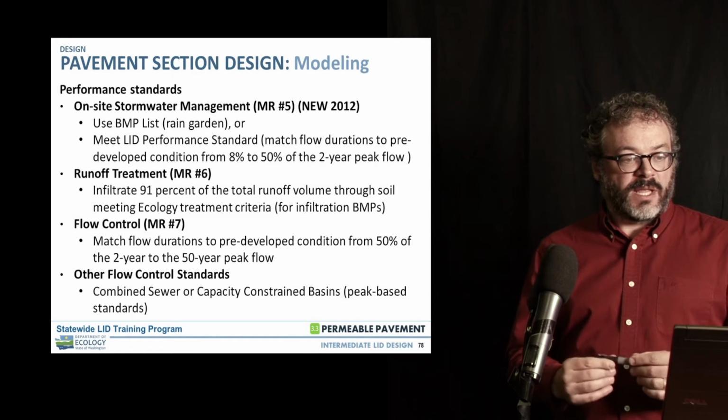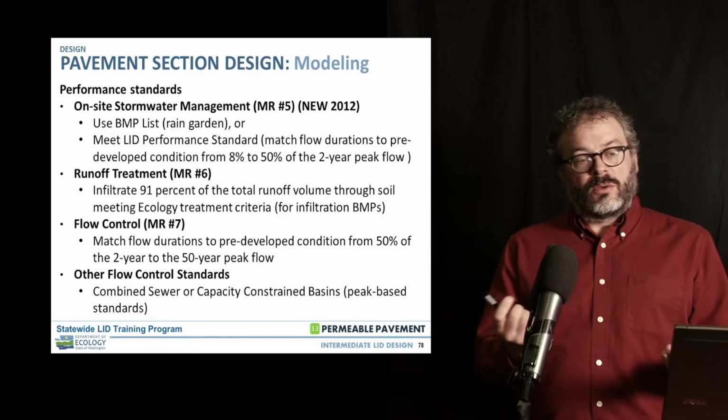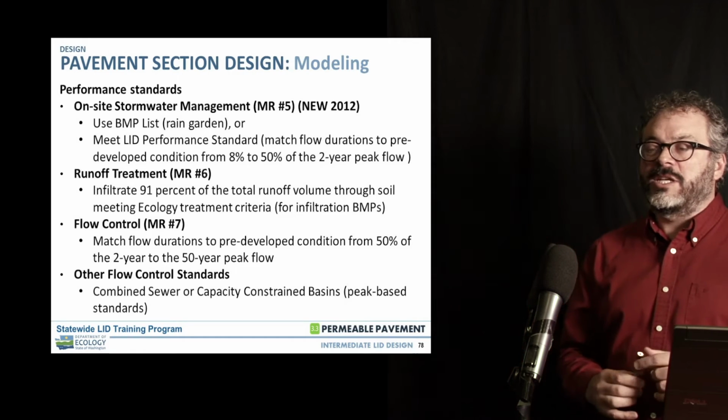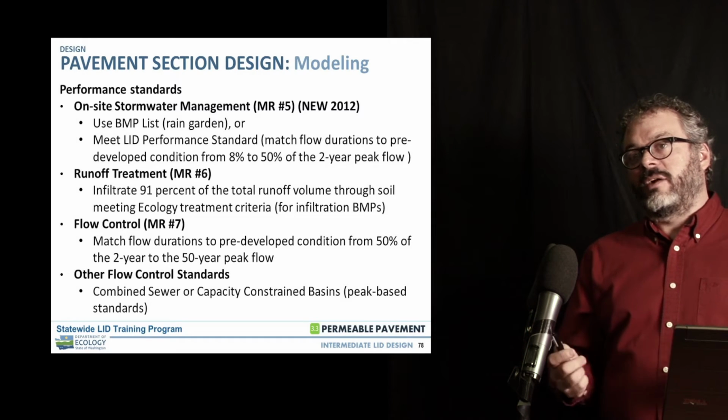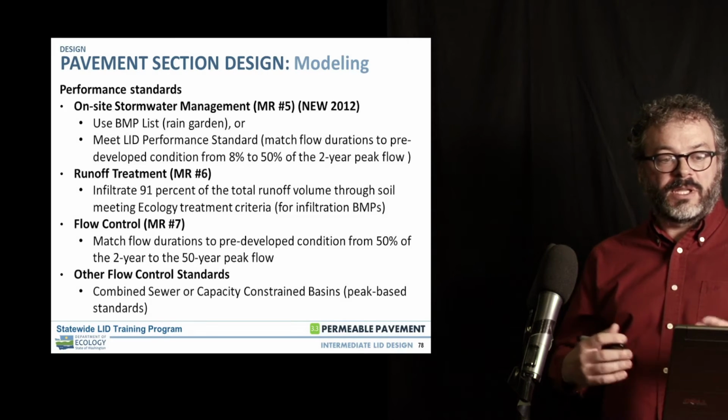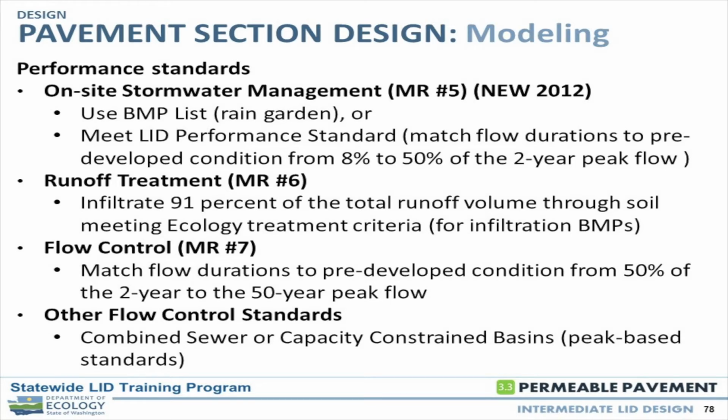And so we want to select them that way, or we can meet the LID performance requirement by essentially detaining to a level equivalent to what is considered the LID duration standard, which typically results in pretty large flow control facilities. In general, if your site meets the feasibility criteria for pervious pavement, it's typically going to be advantageous to use permeable pavement.